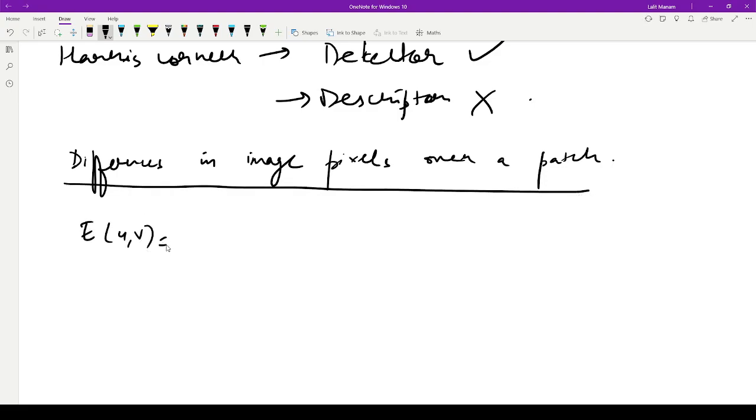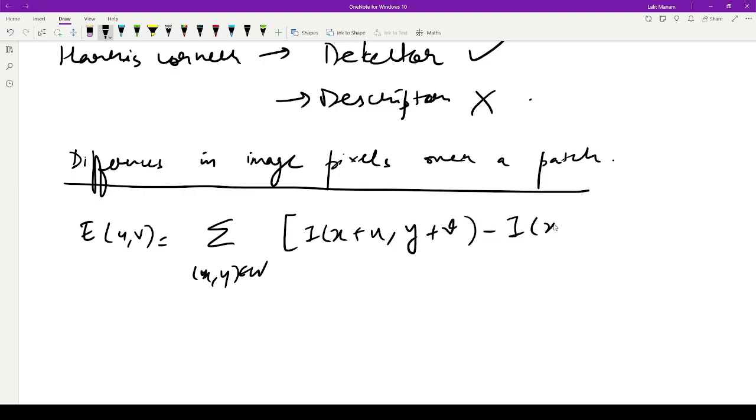Something called E(u,v). These are the exact notations that were used in the lectures, so I'm just using it. So what does it even mean?